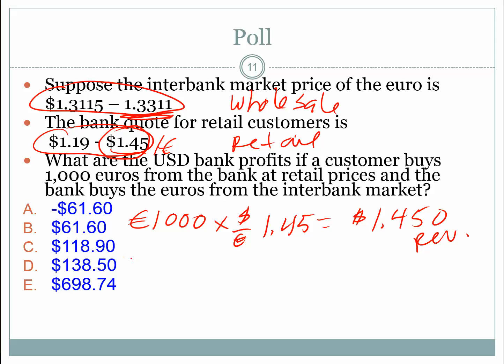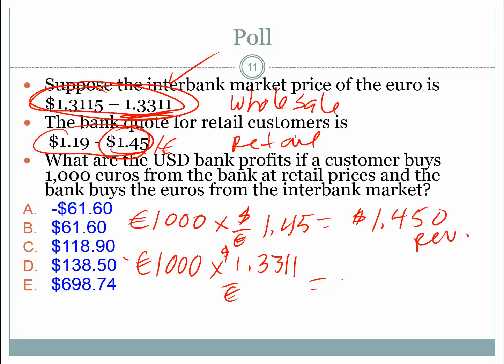Now they need to go out and buy the 1,000 euros, but they're faced with this market, and they're also going to pay the high price, 1.3311. So their cost is $1,331. So their profit is $1,890 per every 1,000 euros traded.